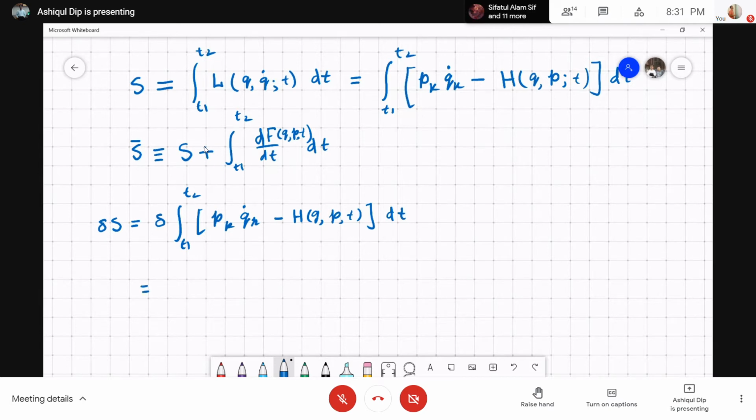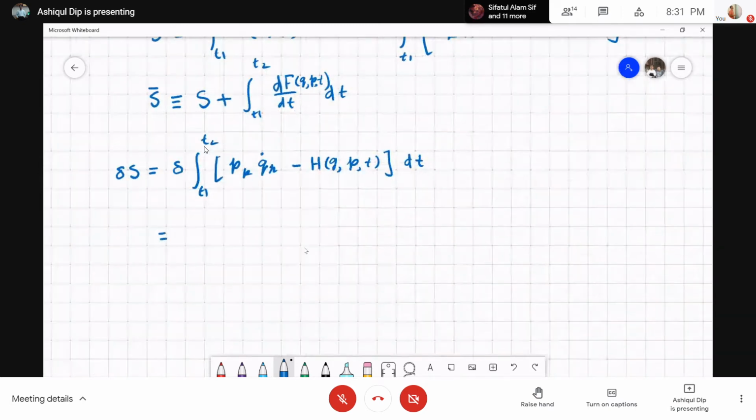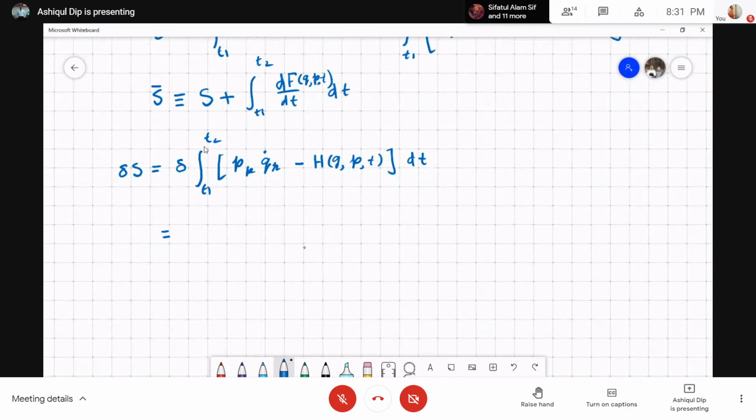So how do you do the variation? The integration is taken over time, and the variation is a totally independent thing. So we can take it inside of the integration and proceed like that, from T1 up to T2, qk dot variation of pk plus pk variation of qk dot, right?